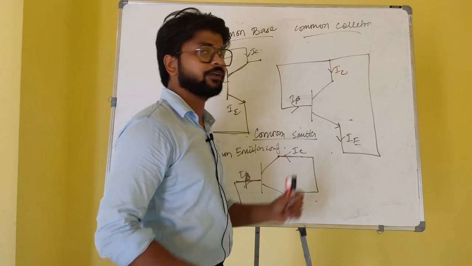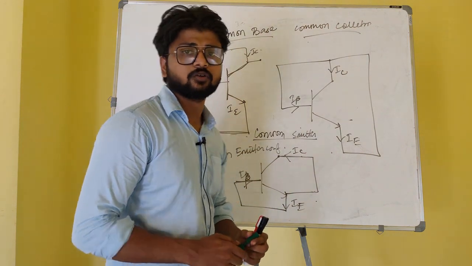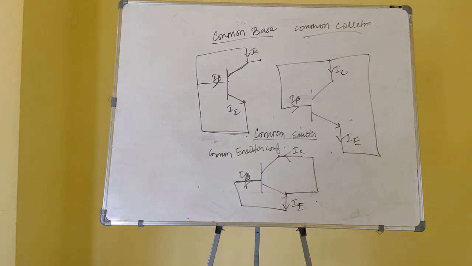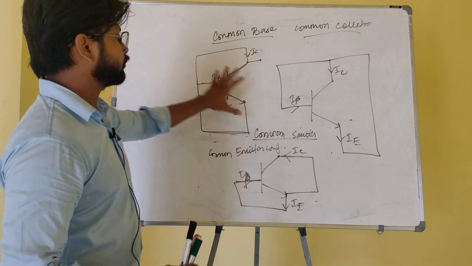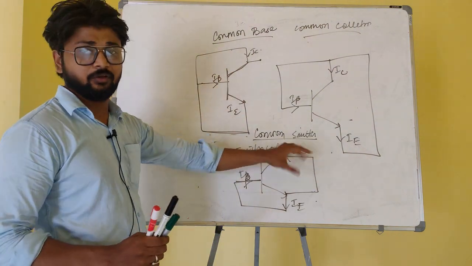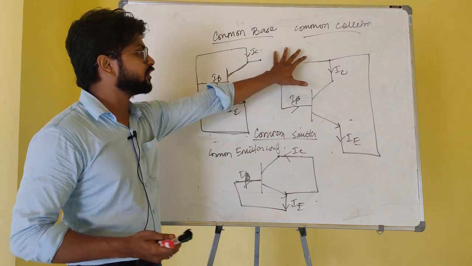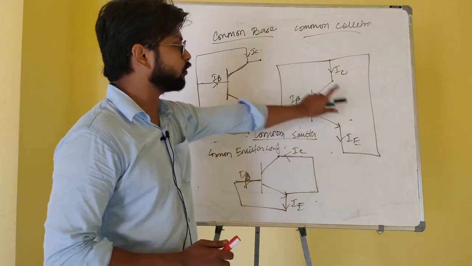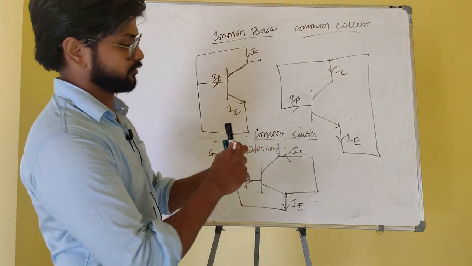Now, these three configurations are complete. But do you think the circuit is complete? No, because a circuit without a voltage source is never complete. So how do we put the voltage source in these three circuits?